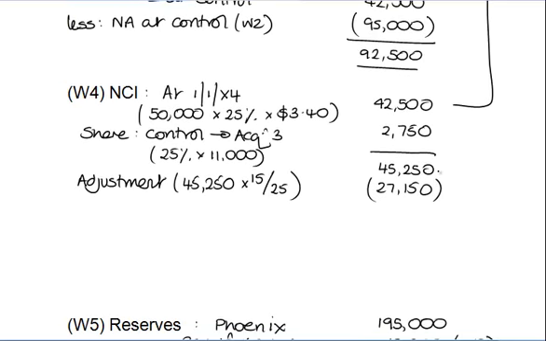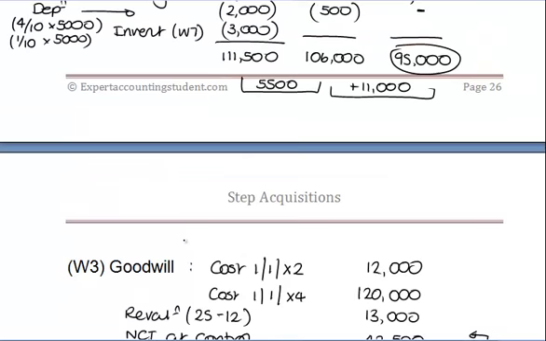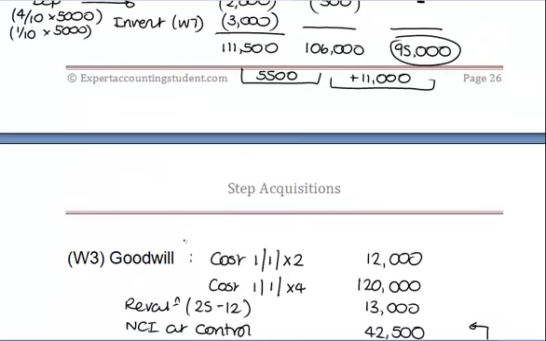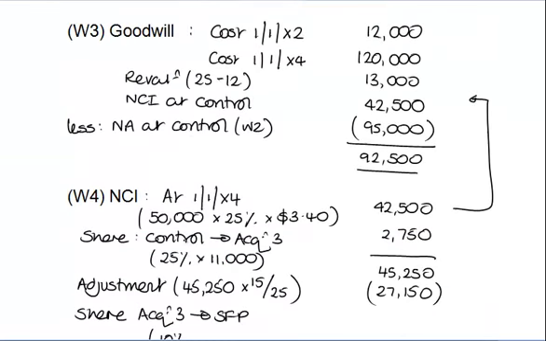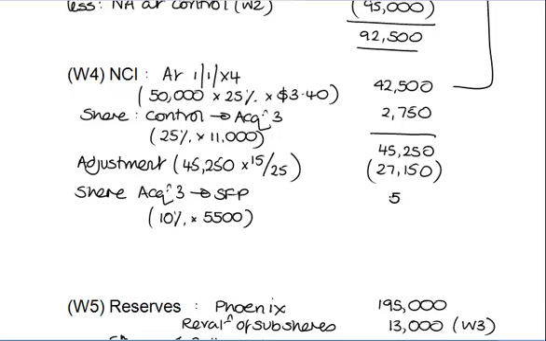What do we have to deal with now? Well, we've only got as far as X5. So I'm now going to give the NCI their share between acquisition 3 and the SFP date. And during that period, they own 10% of Owl, and Owl has made profits of 5.5 million. Which gives us a figure of 550.